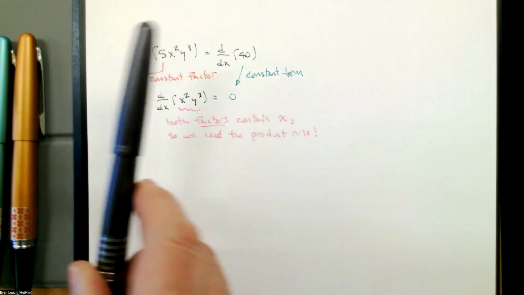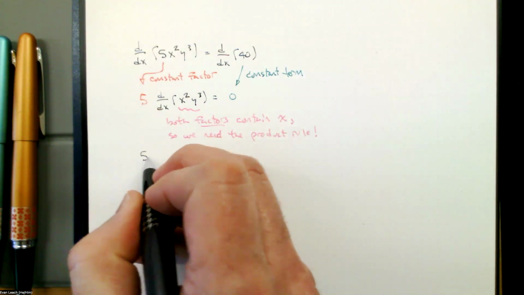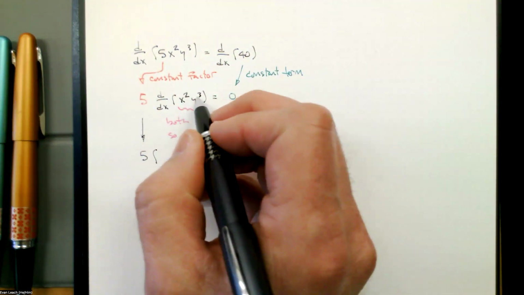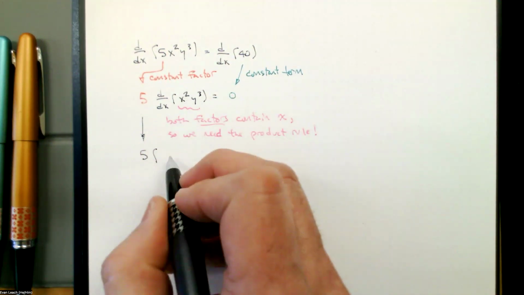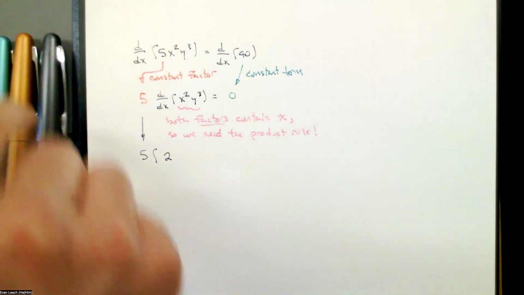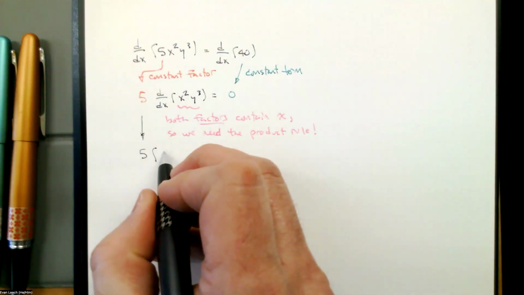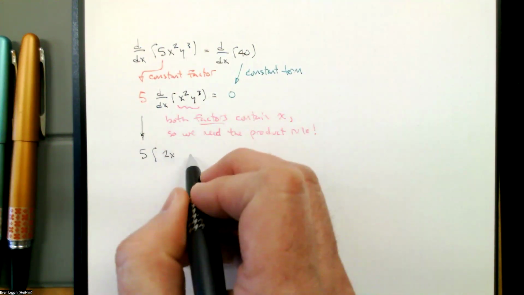We still have this 5 as a constant factor. But when we take the derivative of a product, we say take the derivative of the first. I spelled x wrong. Times the second.